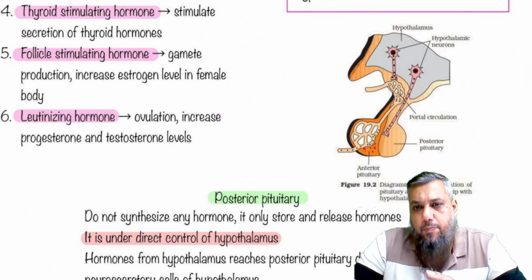If growth hormone is very low during childhood, the child will not be able to attain the correct height and overall growth and development, which is called pituitary dwarfism.